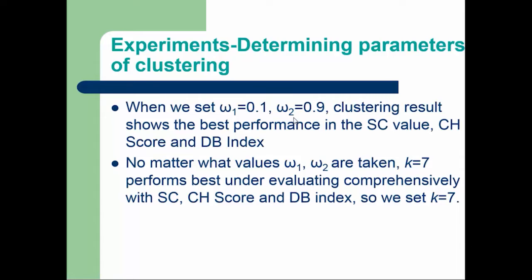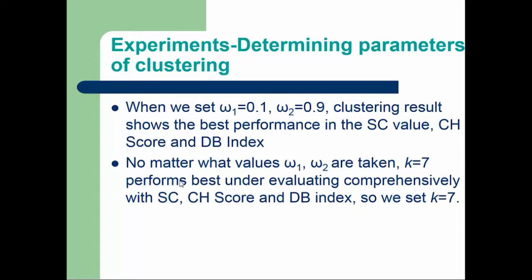So we select omega 1 to be 0.1 and omega 2 to be 0.9. The cluster result shows the best performance.